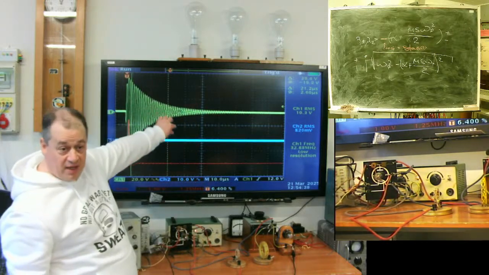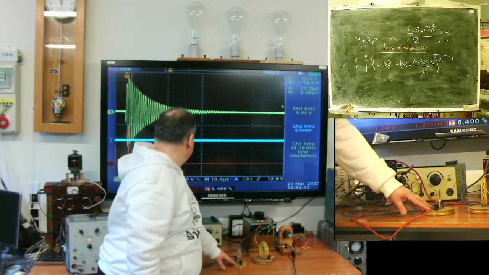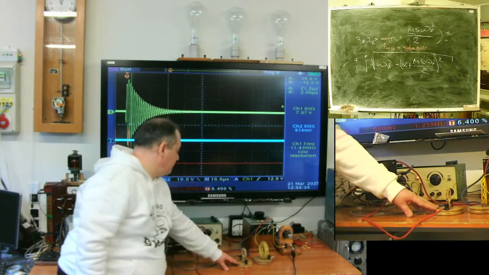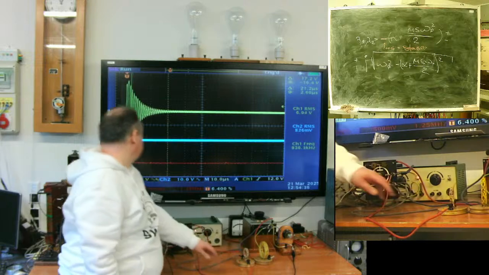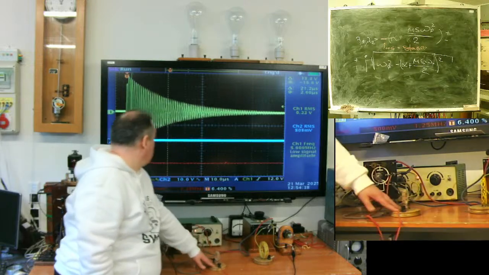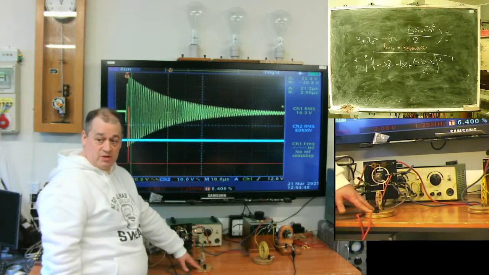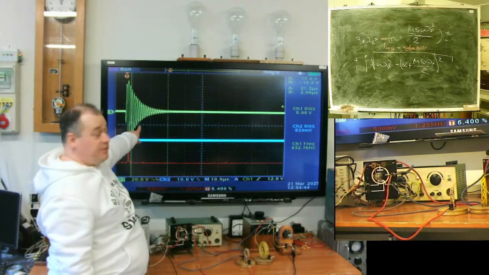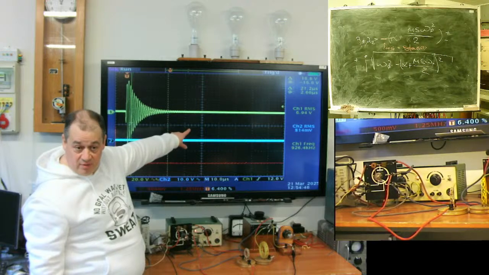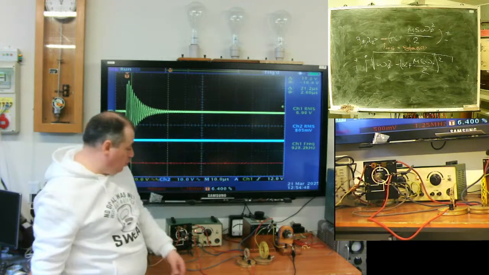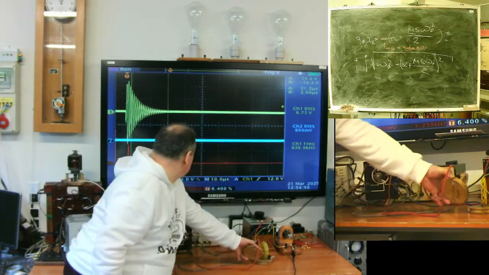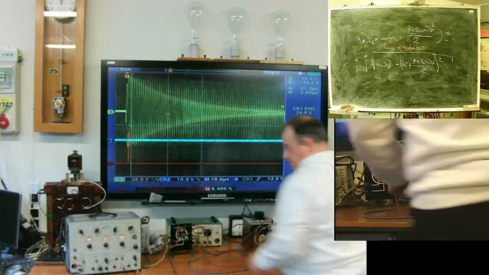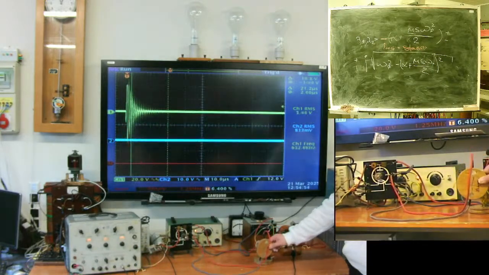It acts like damping. Small coupling, small mutual inductance; high coupling, the system becomes more stable. It's like making this bowl deeper.